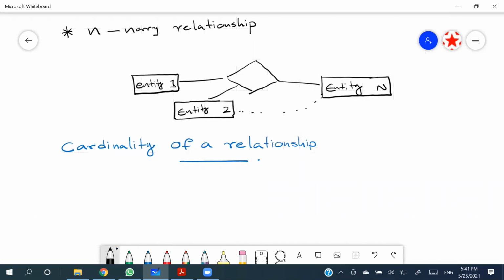Before that, it's better you write what the cardinality ratio is.